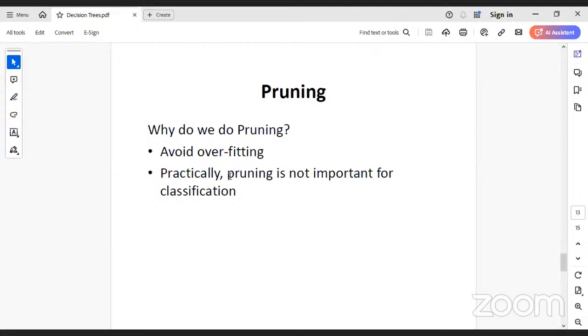Practically, pruning is not that important, but if you do it, the accuracy will increase. We do pruning when there is overfitting, meaning when train accuracy is more than test accuracy.